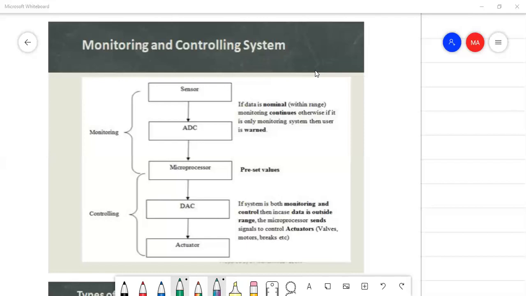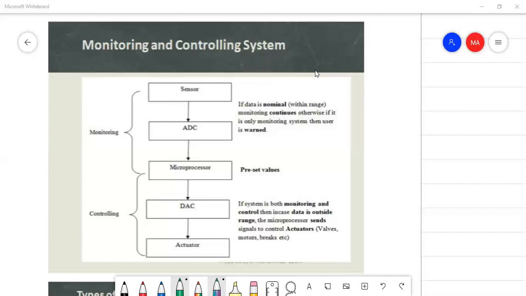What does range mean? Range simply means your value lies in between the minimum and maximum value. And nominal range means an accepted value, which is acceptable for a system, which is acceptable for our computer.